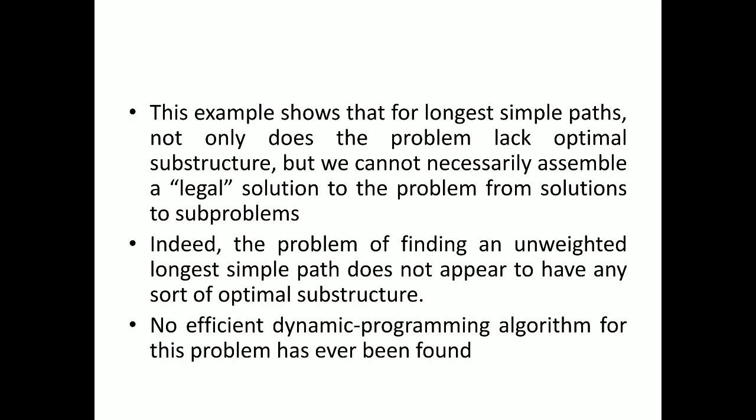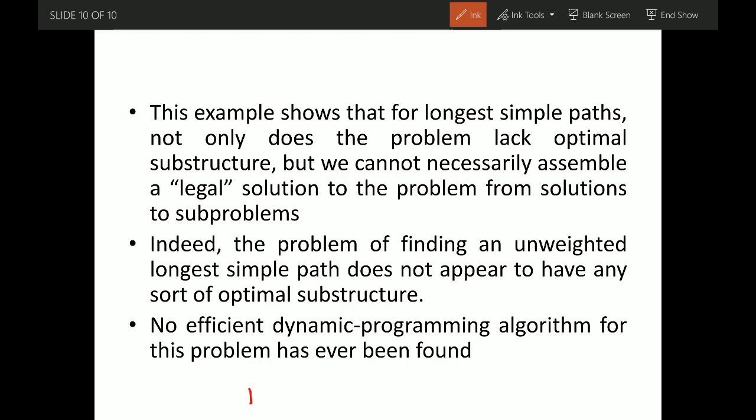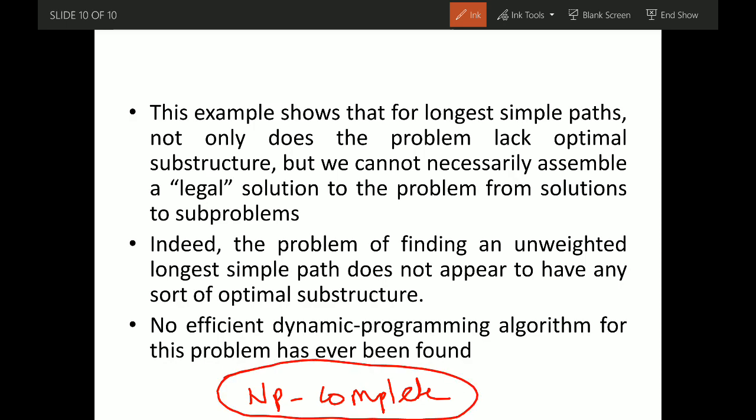No efficient dynamic programming algorithm for this problem has ever been found. In fact, this problem is NP complete. We'll talk about later what NP complete is, but the unweighted longest simple path is an NP complete problem.